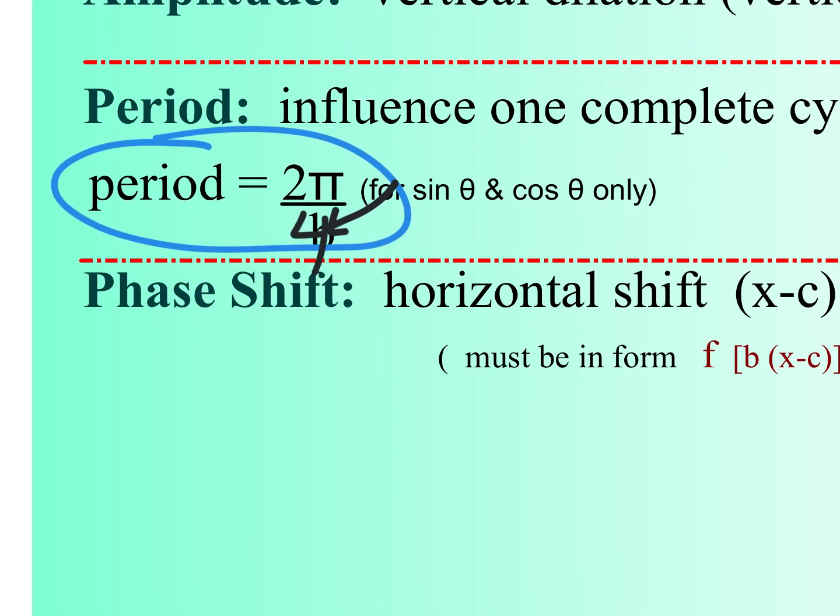But also, with this little formula, period is 2 pi over b, I can tell you the period, which we do sometimes. I'll be like, here's a sine graph, but its period is 4 pi over 3. Well then, if you know this formula, you can just put that there, and you can solve for what b should be.